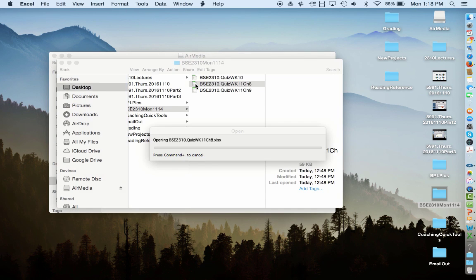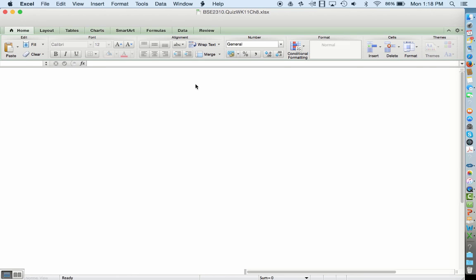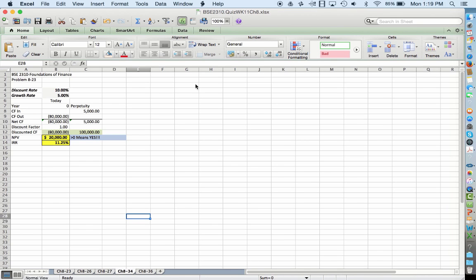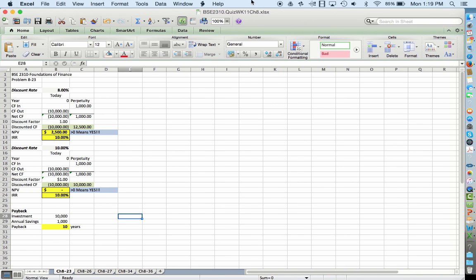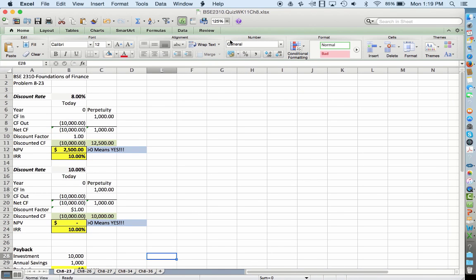Okay, so I had a number of questions about these problems. So I'm going to talk about number 23. The question tells us we're going to insulate our office for $10,000.